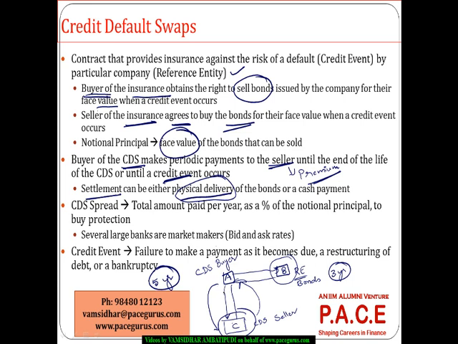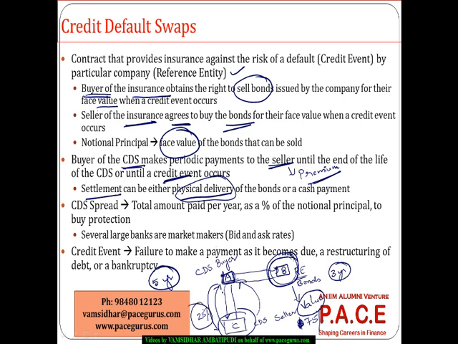Okay, the current value of the bonds, right? Once B has defaulted, there is a procedure to compute the value of the bond. So if the value of the bond after the default is, let's say, 75% of the face value, then A will keep his bonds with him only and C will compensate the difference, which is the 25%.